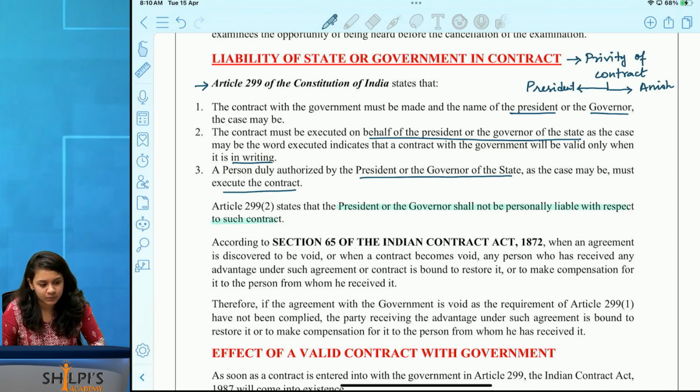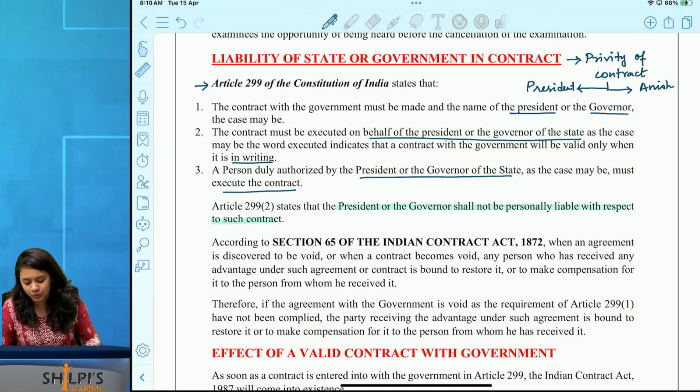Now, let us say that the President committed the breach of contract, or since the President is actually representing the country, the government has breached the contract. Then technically Anish can go before the court of law and file a suit against the President of India.